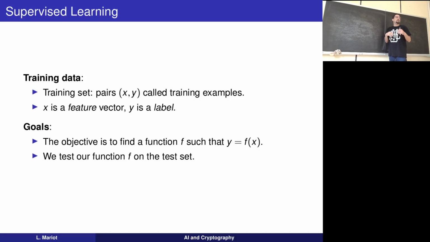In general, since we cannot train the machine learning algorithm on the whole possible set of instances, what we hope is that once it has been trained over the training set, it is also able to generalize over unseen instances that are not contained in the training set. So, to gauge this generalization, we test the trained model f, after it has been trained on the training set, over what is called the test set.